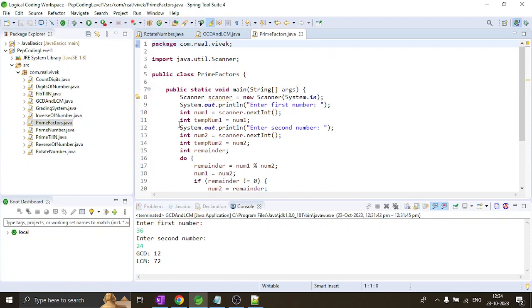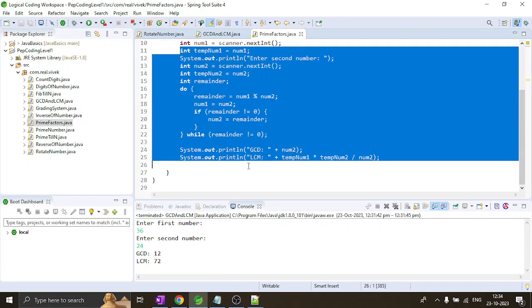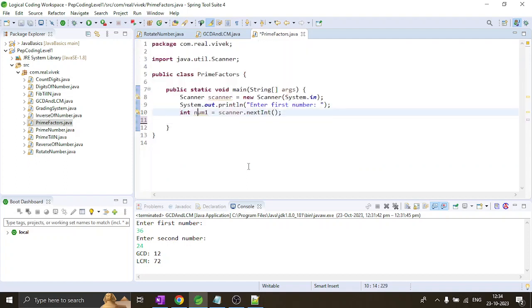Prime factors, right? Let's say enter a number.